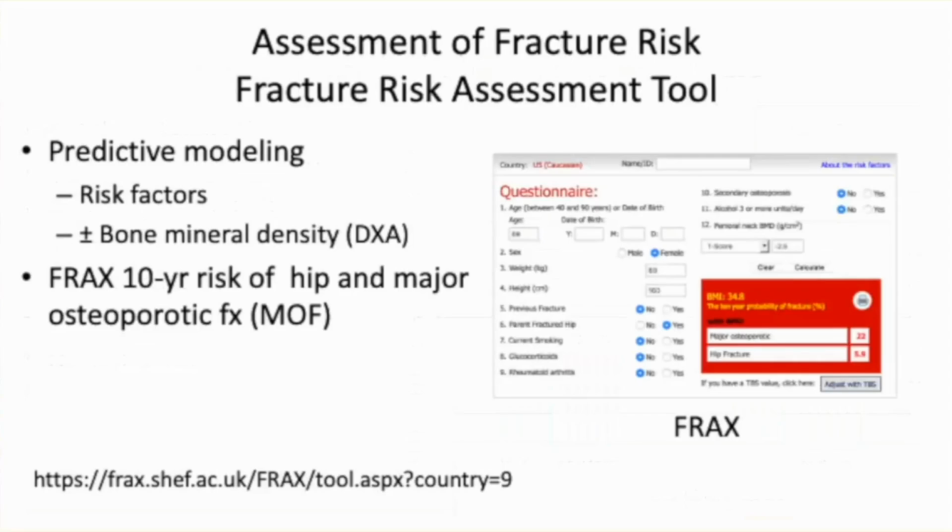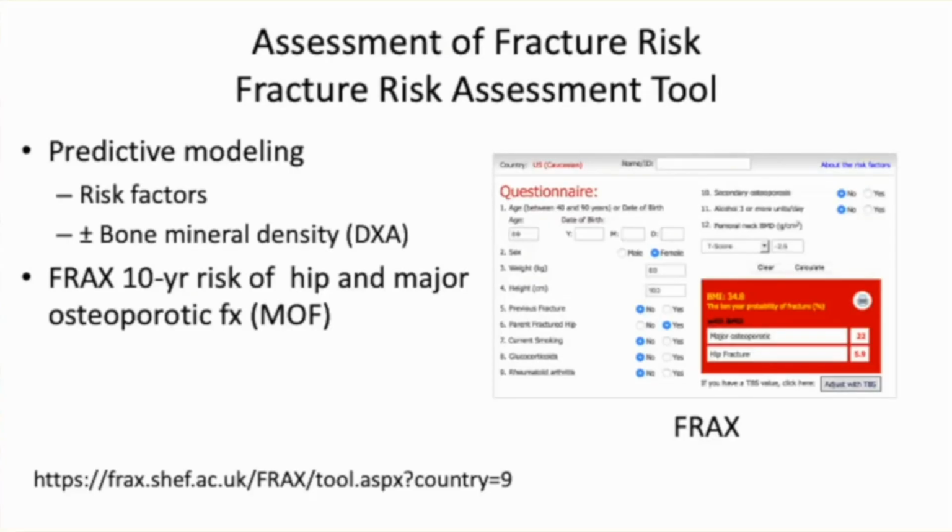Now, fracture risk is a much more difficult concept to get our arms around, but there's a tool that's been developed over the last 20 years called FRAX. And most orthopedic surgeons and spine surgeons don't really understand what FRAX is. I'm going to spend a little time going over this. Basically, it's predictive modeling based on 12 risk factors. It can be done with or without a bone density.